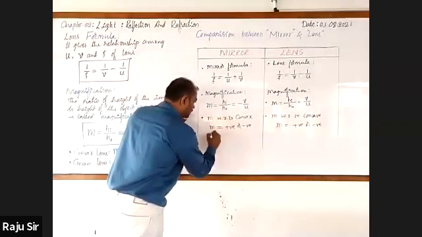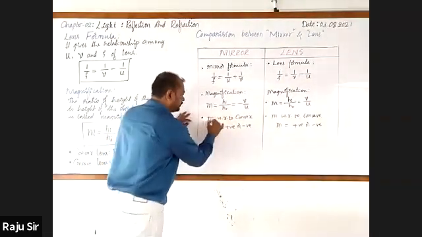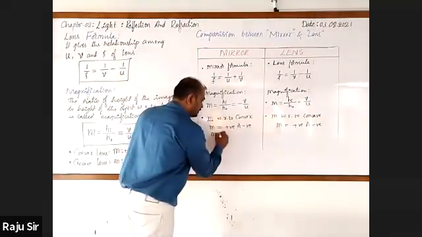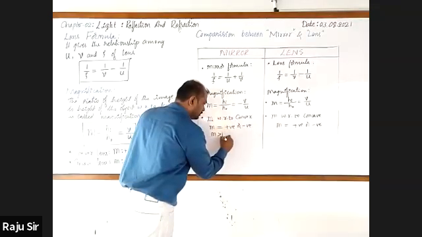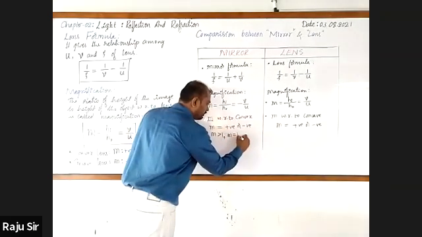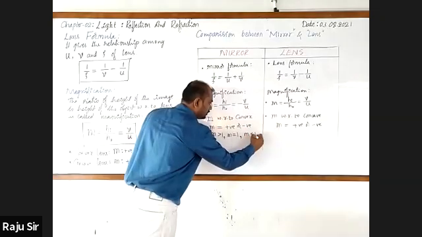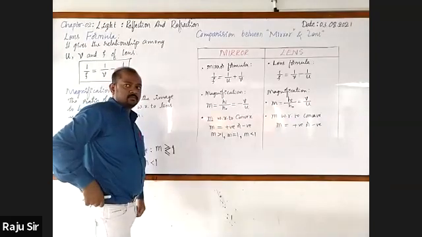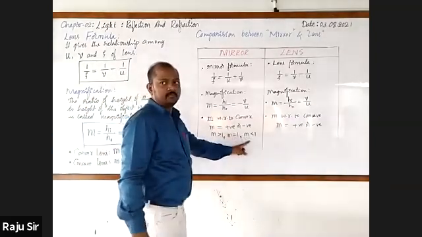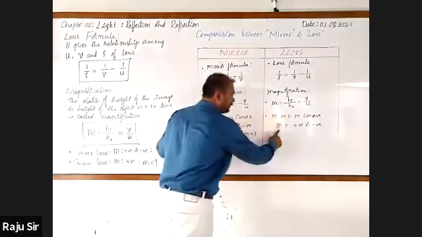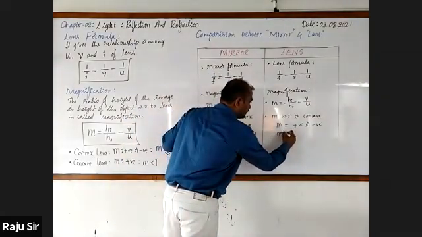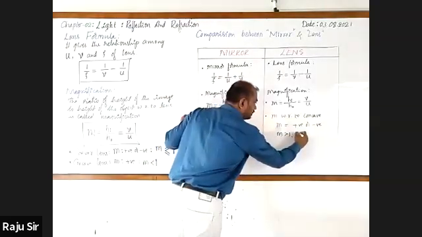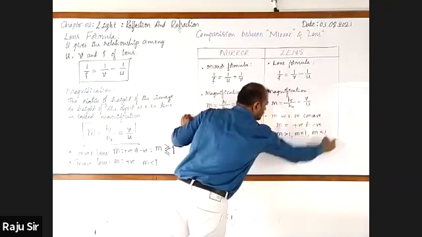Next, value of the magnification with respect to convex mirror. It is less than 1. Concave mirror, greater than 1 or equal to 1 or less than 1.